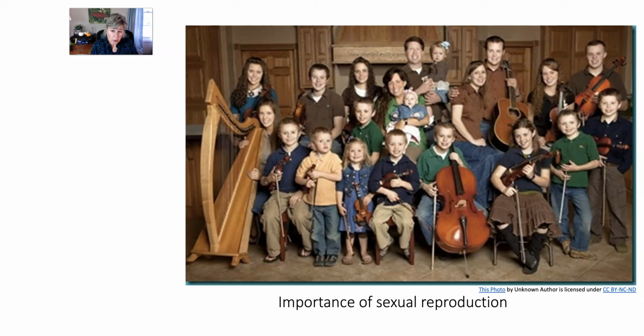Why is this important? Because the genes are all mixed up in the offspring so that every offspring has some particular trait that would help them in some particular environmental stressor situation. And I don't just mean by their looks, okay? So their looks are different, yes, but that also indicates that their biochemistry is different. And what do I mean by that?